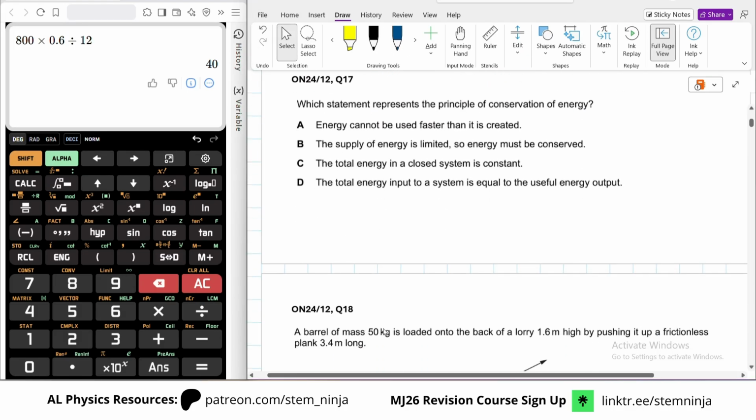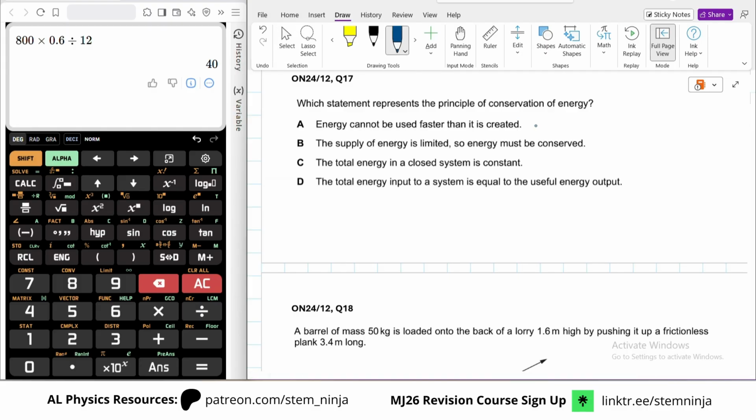Which statement represents the principle of conservation of energy? Energy cannot be used faster than it is generated. No. Supply of energy is limited, so energy must be conserved. No. Total energy in a closed system is constant. That is correct. A closed system is basically a system where mass cannot be changed.